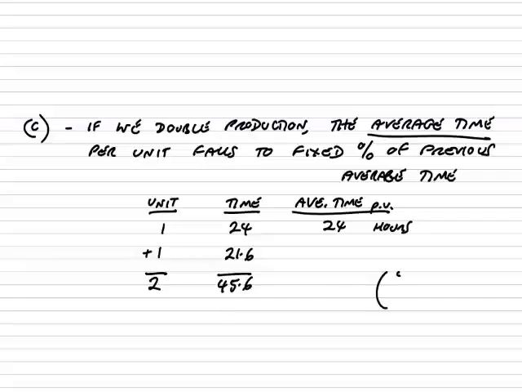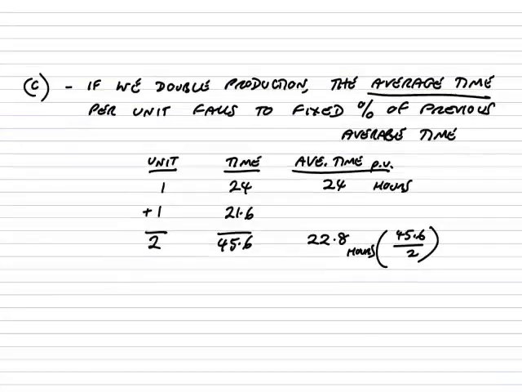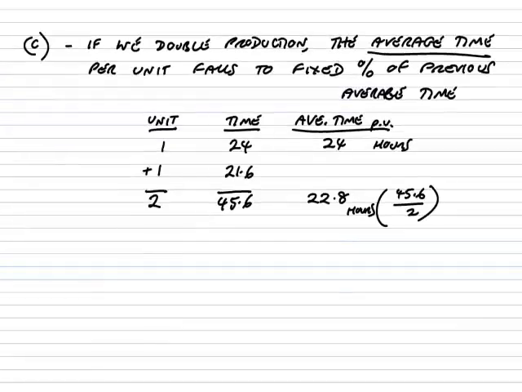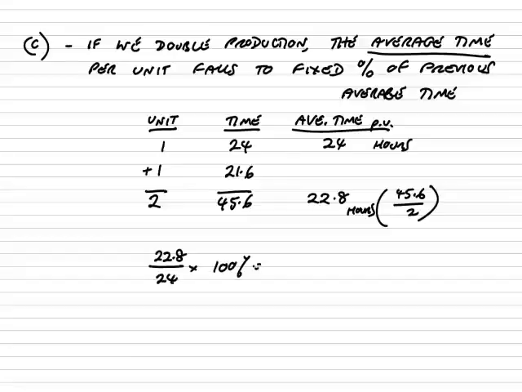Well, the average time, 45.6 for 2 units, gives us 22.8 hours. And it's the average time that falls by the fixed percentage. And what is the percent? The new average as a percent of the old average. 22.8 divided by 24. It's 95%. And there, of course, is the learning rate. And there we are.